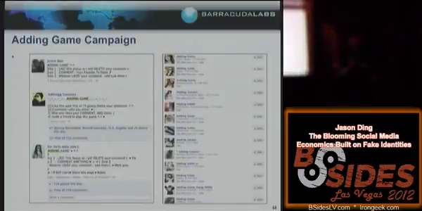The final one is the adding game campaign. We noticed a lot of people doing adding games, which is a nonsense, meaningless game, like saying you like this post, like this page, and you put a comment. Whoever else likes your comment or your like, you're going to add them as friends. We see a lot of them. A lot of people create a page called adding game.